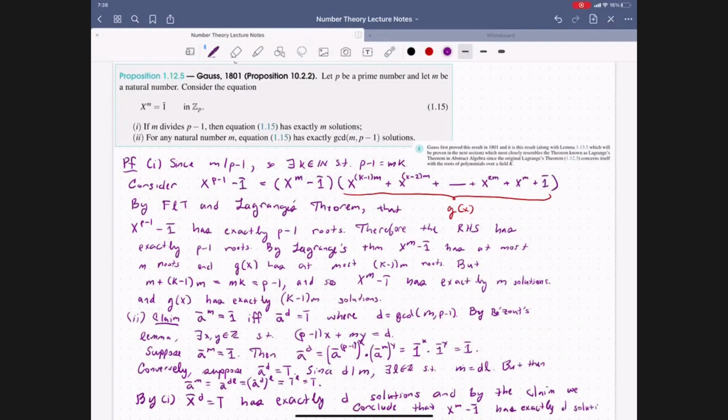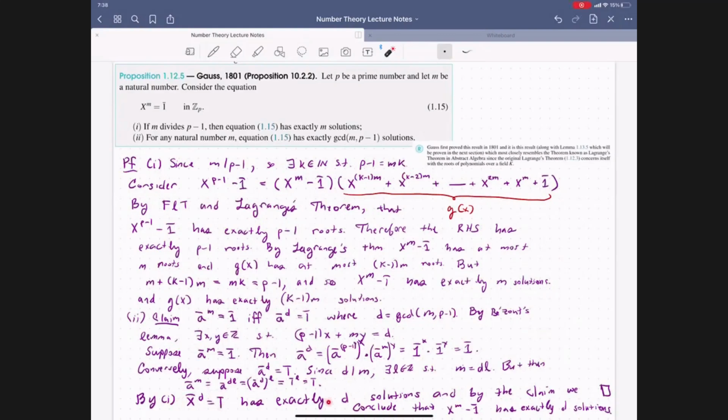And so now we are done with the proof. Because this has exactly these solutions by part 1, we know that a bar to the d is equal to 1 bar if and only if a bar to the m is equal to 1 bar, so all the solutions that have a bar to the m equal to 1 bar satisfy this equation.